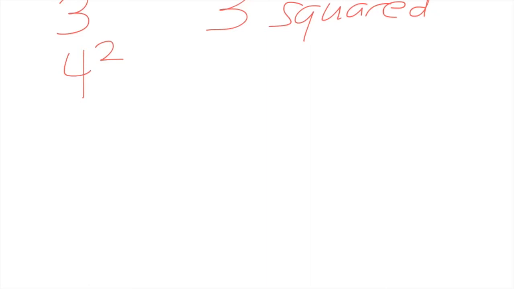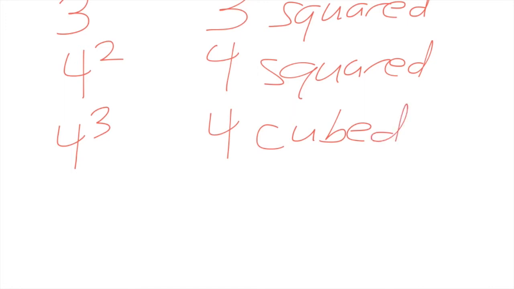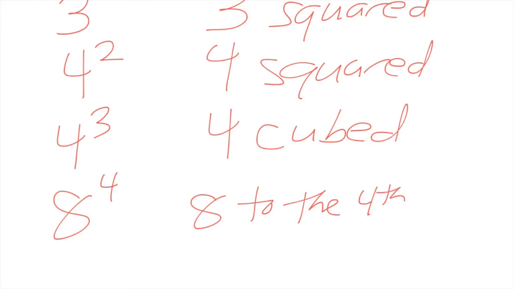It's a game you played in elementary school. Come on, get that right. Okay, no, it is 4 squared, and we know 4 squared is equal to 16. If I have 4 to the 3rd power, that's actually 4 cubed. But if I go 8 to the 4th, that is really just 8 to the 4th power. We don't have any special names for anything over 2 or 3.